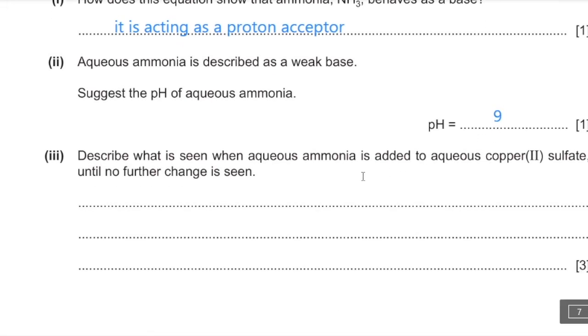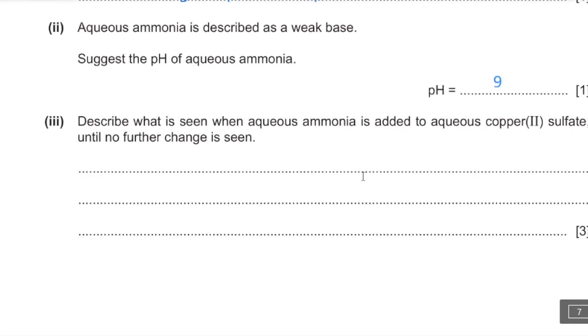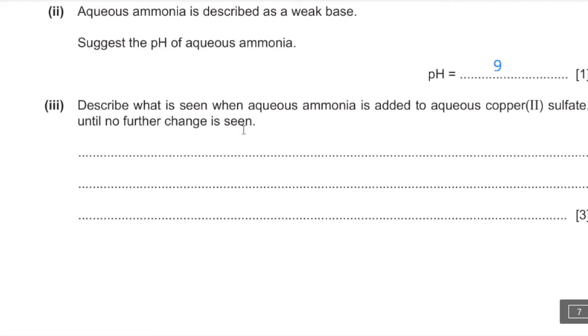3. Describe what is seen when aqueous ammonia is added to aqueous copper sulfate until no further change is seen. So you'll have to memorize this precipitation reaction. So the first observation is that a blue precipitate forms.